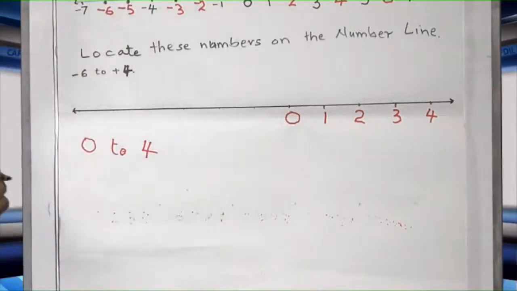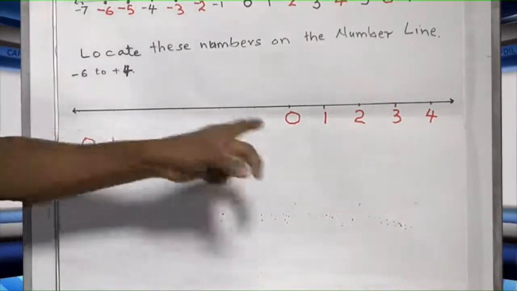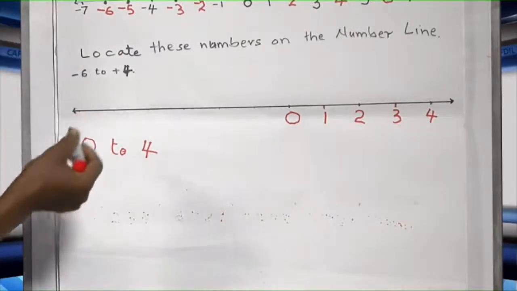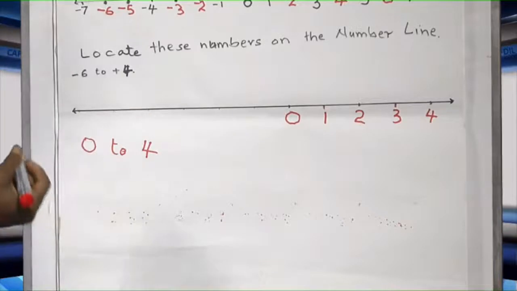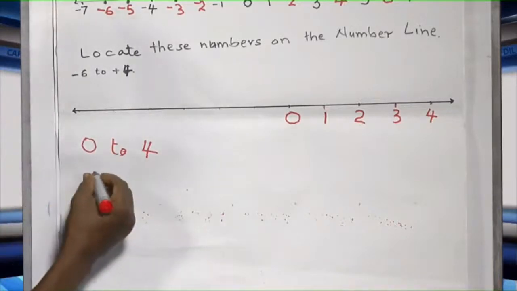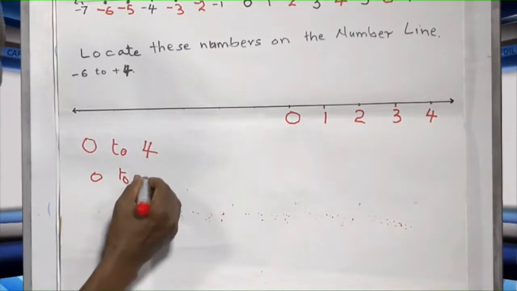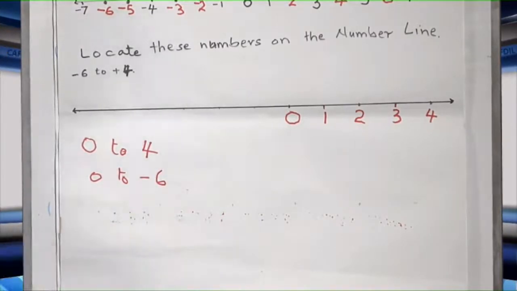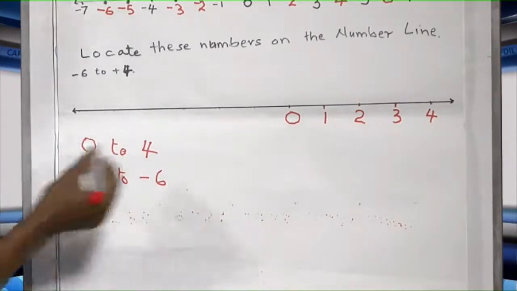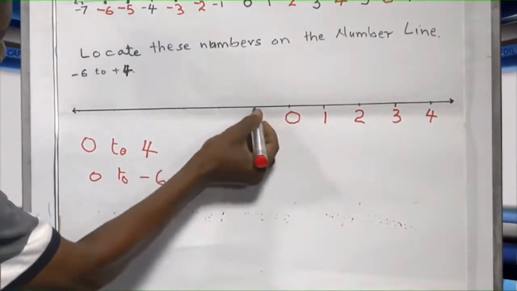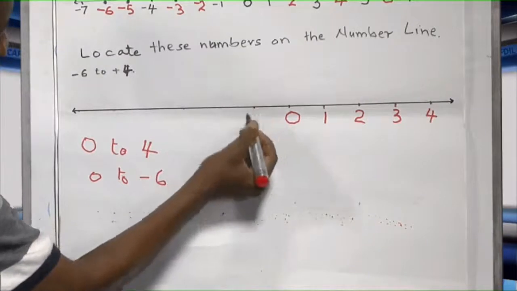We have finished with the positive values. Then -6. Let me say 0 to -6. We begin from the starting point 0.